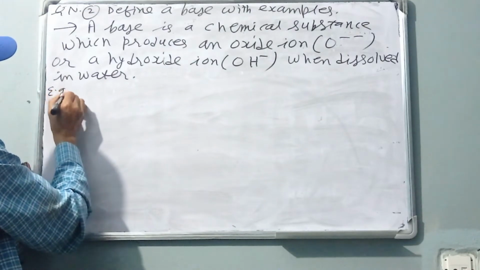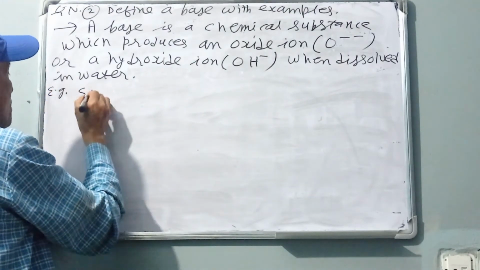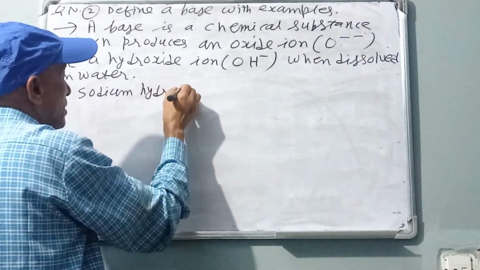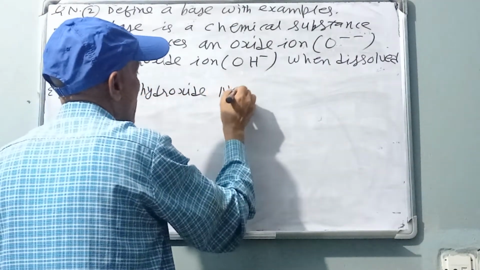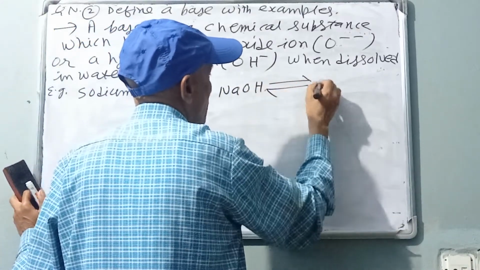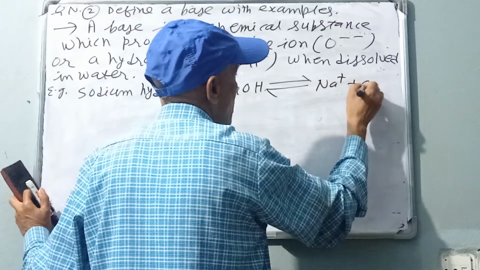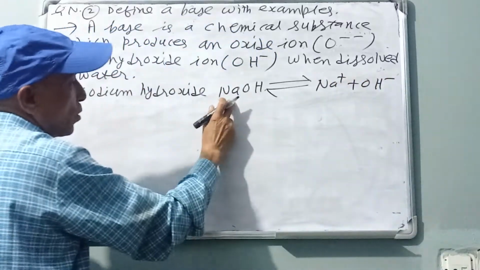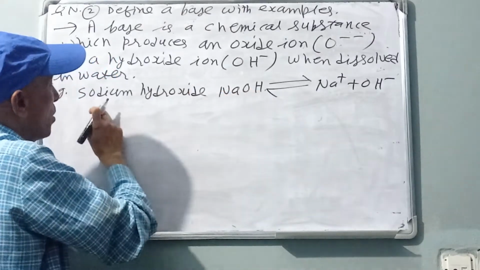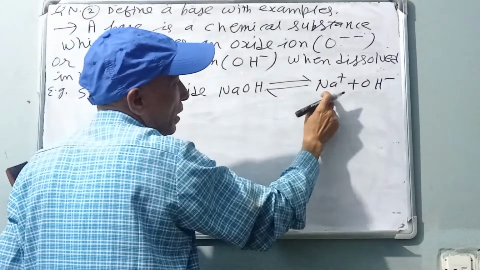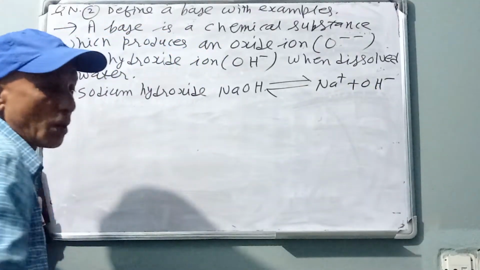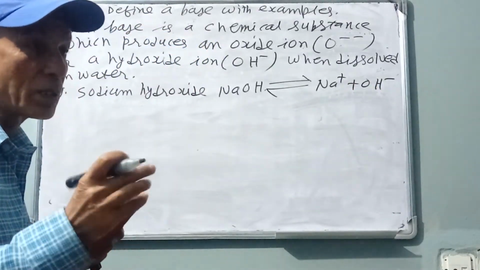Example, sodium hydroxide, NaOH. See how it ionizes. Sodium hydroxide is caustic soda, formula NaOH: sodium ion Na plus and hydroxide ion OH minus. This is bitter in taste and soapy in touch.